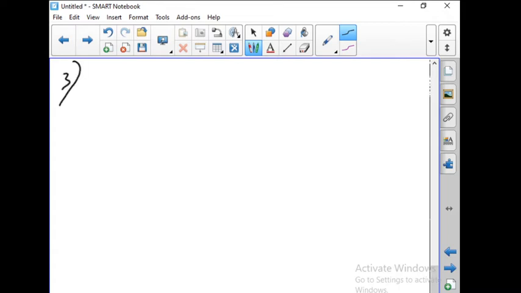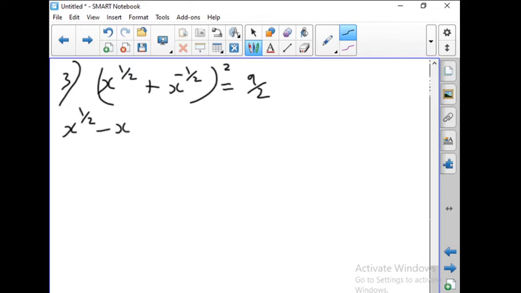Question 3 is given: x power 1 by 2 plus x power minus 1 by 2, the whole square, is equal to 9 by 2. We have to find the value of x power 1 by 2 minus x power minus 1 by 2. Now we will use the formula.